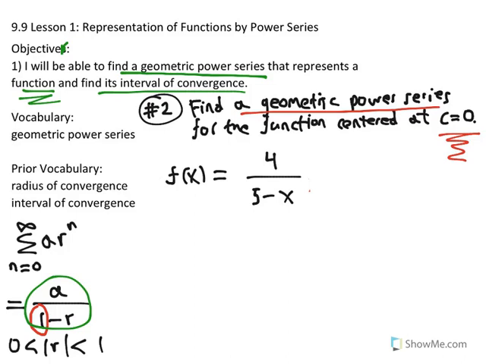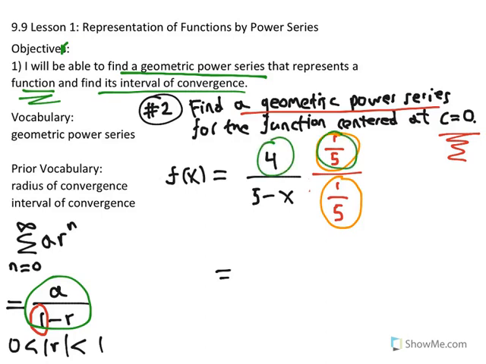That can be easily accomplished by multiplying our function by a form of 1. If I multiply the numerator by 1/5 and the denominator by 1/5, I'm essentially multiplying my function by a form of 1. And 1 is the multiplicative identity, so it won't change my function, it will just have it in a different form.